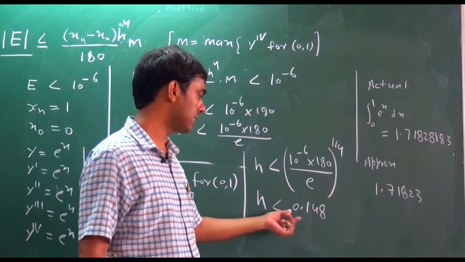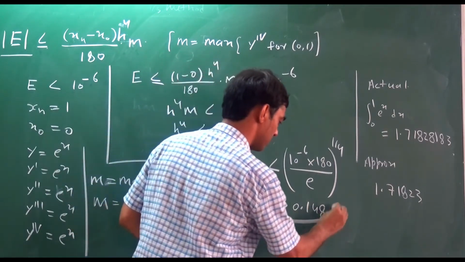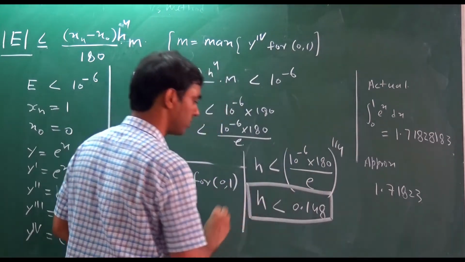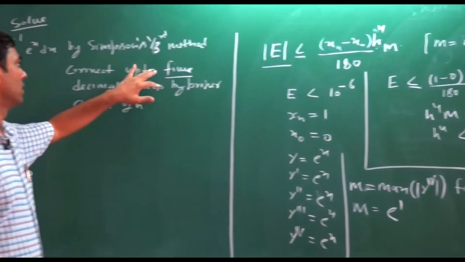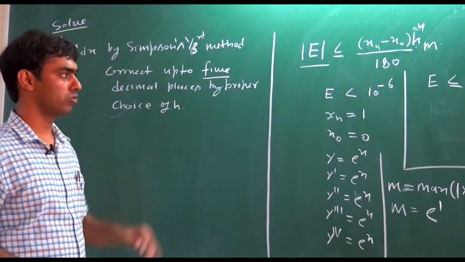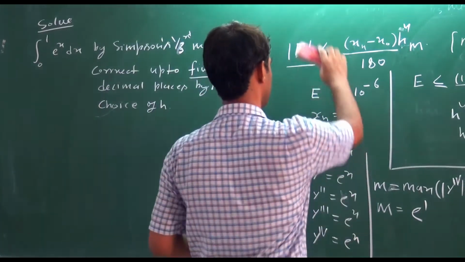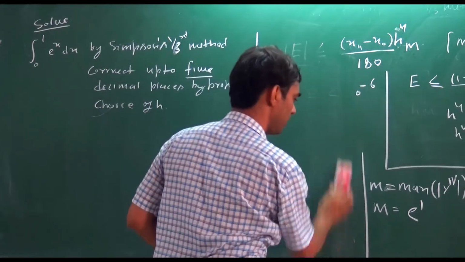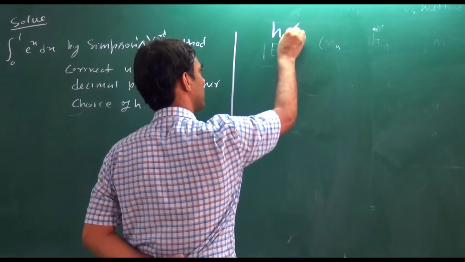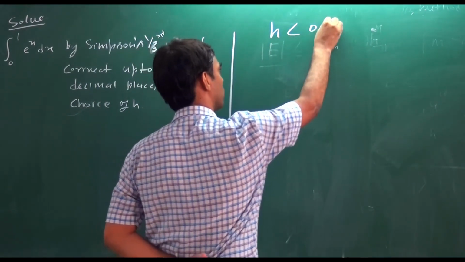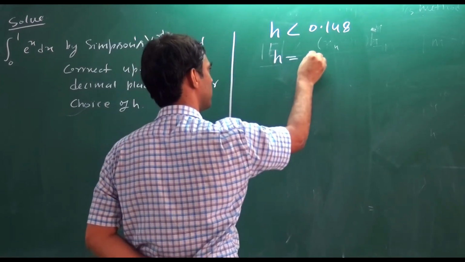If h must be less than 0.148, then we are able to find the value of the integration correct up to 5 decimal places. This is the use of the error formula. So we decided that h must be less than 0.148. For the sake of simplicity, we consider 0.1.